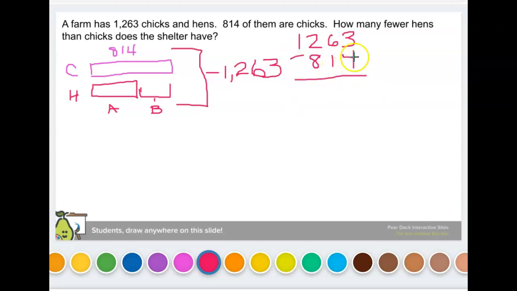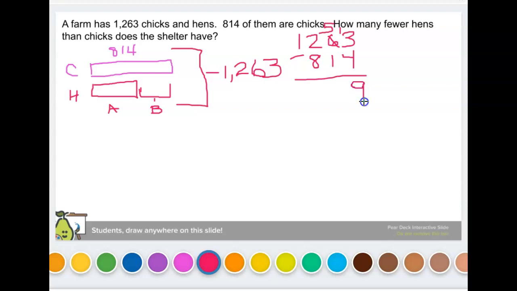I'm taking 4 ones from 3 ones, so I'm going to regroup. That means I'm taking 1 ten away, and I'm going to bring it in as 10 ones. I already have 3, so that's 13 ones.